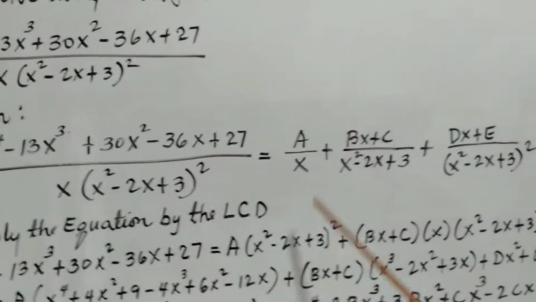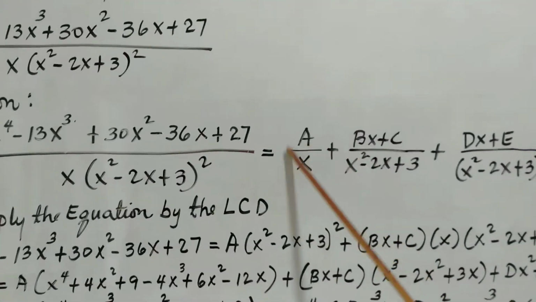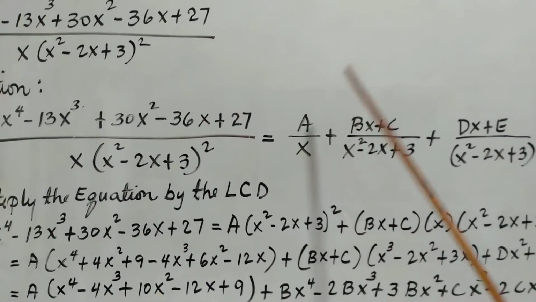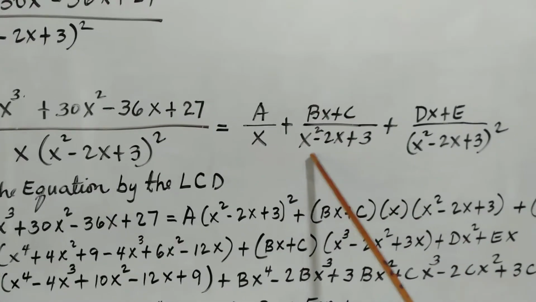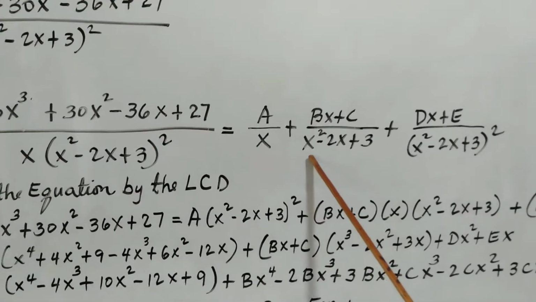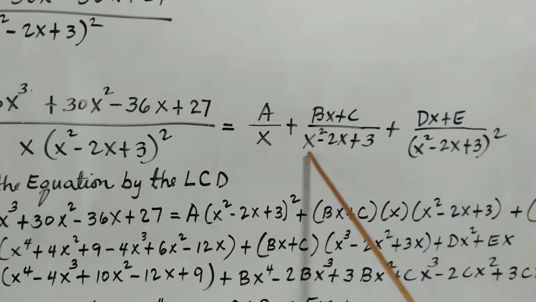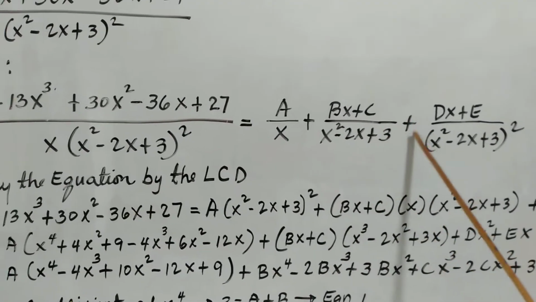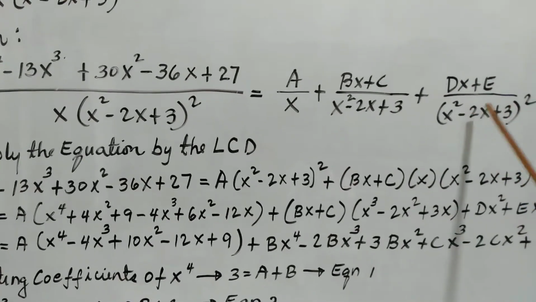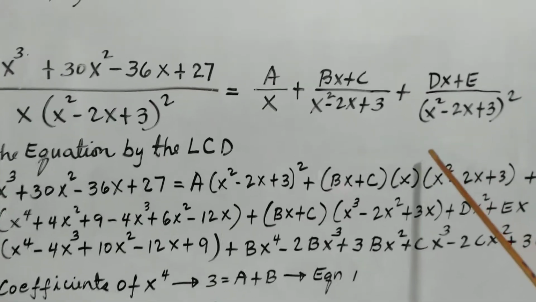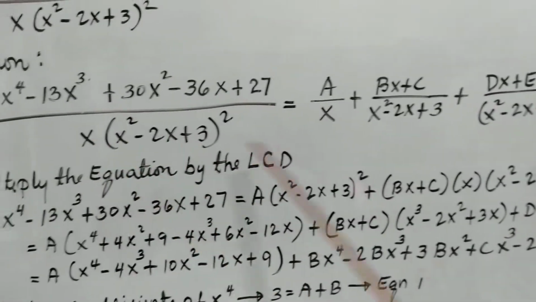We represent the first partial fraction with the numerator A, the second one is Bx plus C over the denominator x squared minus 2x plus 3, and the third one is Dx plus E over x squared minus 2x plus 3 quantity squared.